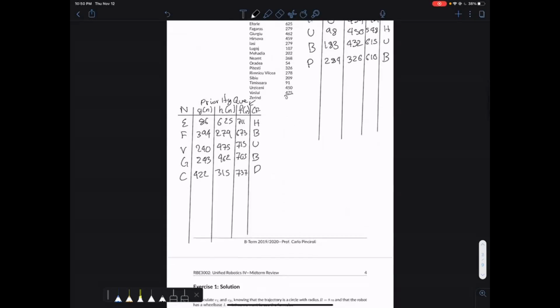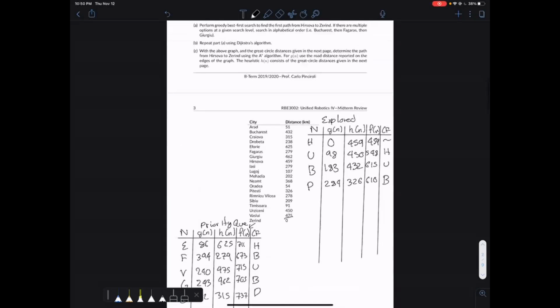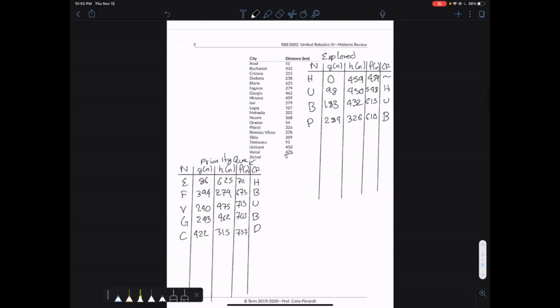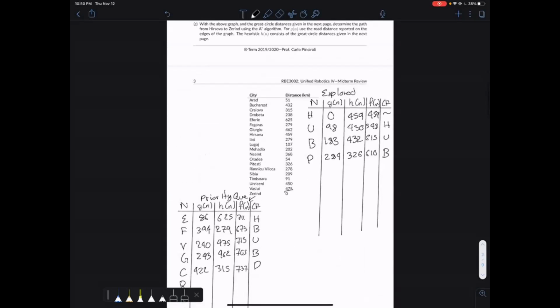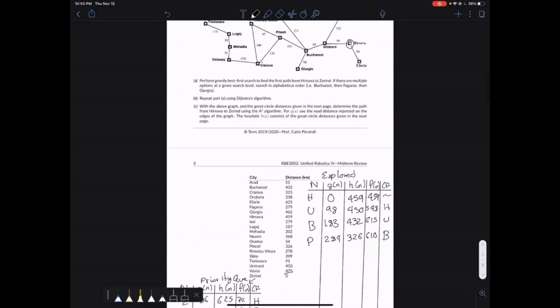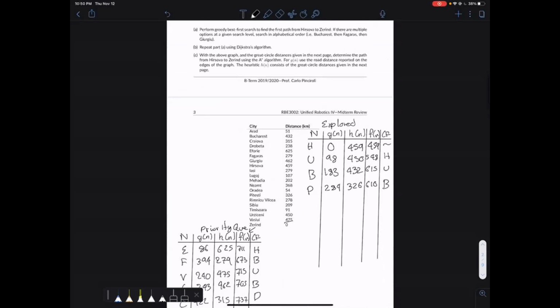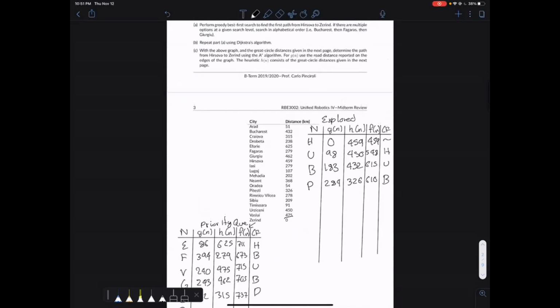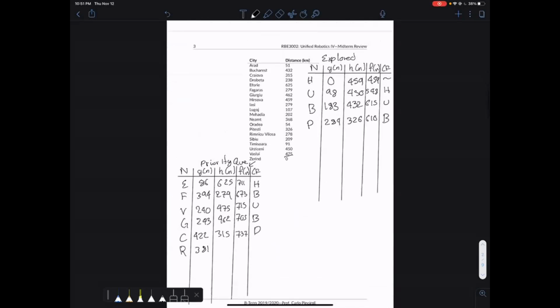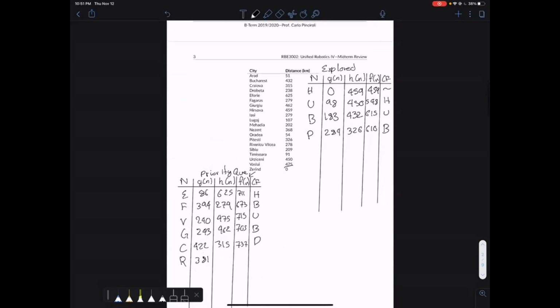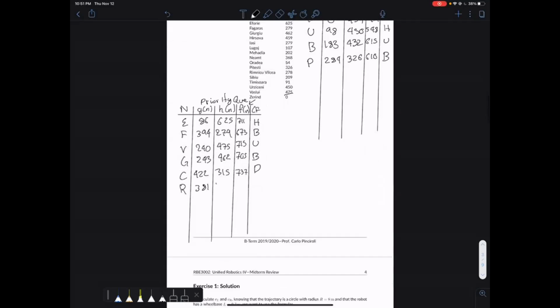Okay. The next node that we're looking at is going to be node R. R has a G of N, a path cost of 97. We add that to our previous G of N for node P, which is 284. We get 381. Our H of N for node R is going to be 278.